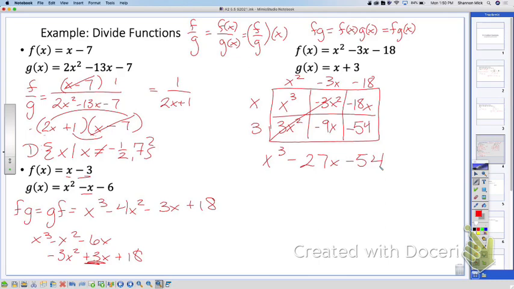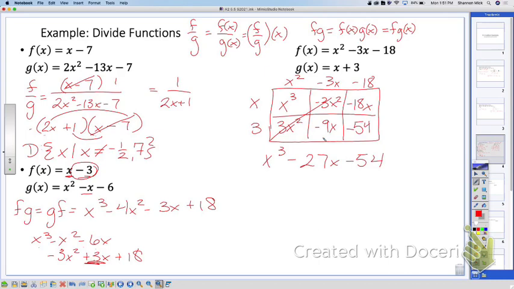Was that helpful? Yeah, it seems easier. When I do this, this is just a modified box. What I did here is I distributed my x, so I got x cubed minus x squared minus 6x, and then I distribute the negative, and then I line them up. Where here the like terms are diagonal in the box, here I just lined them up.